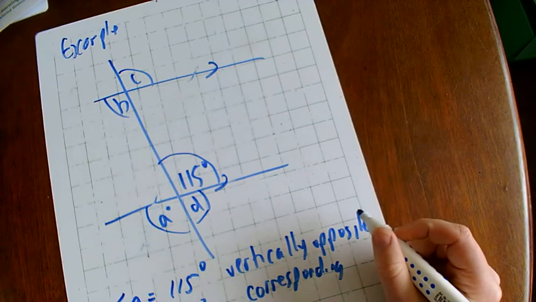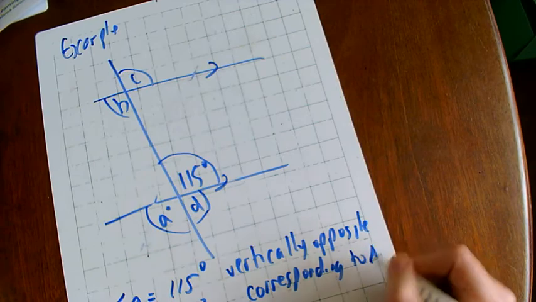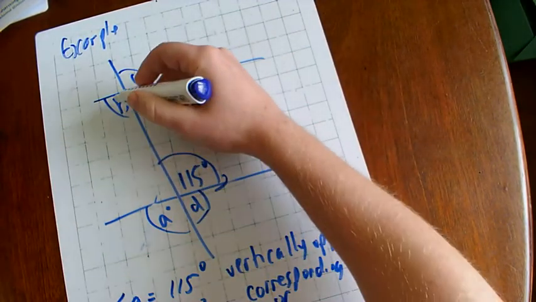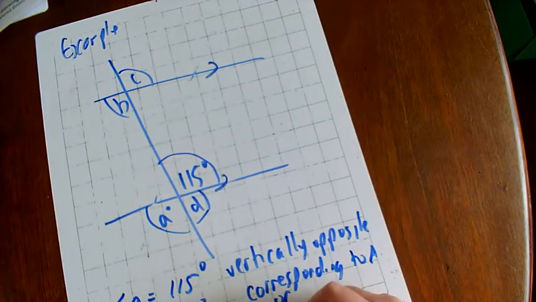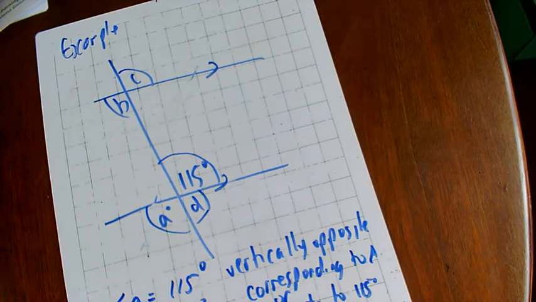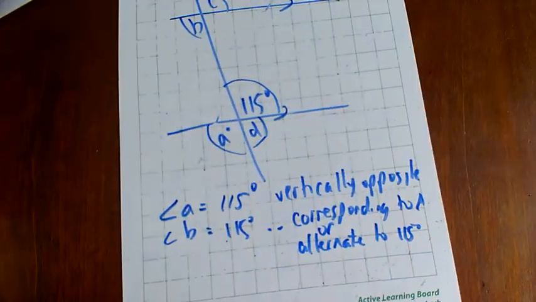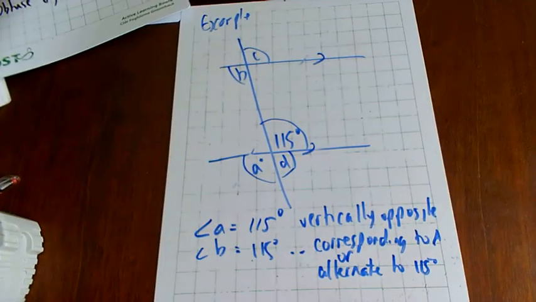Or another reason you could have said it's corresponding to A, or you could have said, look, B is that Z shape to 115, so it's also alternate to 115. So there's two reasons you could have given there. You don't need to give two, but all of these reasons, like I said, will complement each other. One's not going to contradict another one.